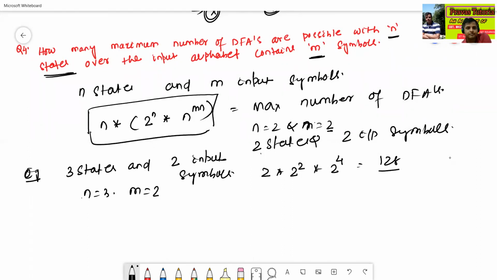Now we can put all values in the formula: 3 into 2 to the power 3 into 2 to the power 3 into 3, which is 3 into 8 into 2 to the power 6. The maximum value is 17,496. You can also calculate.